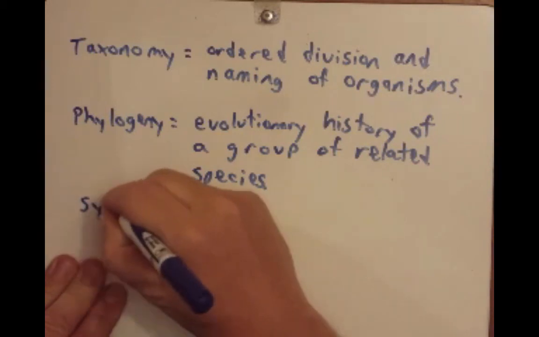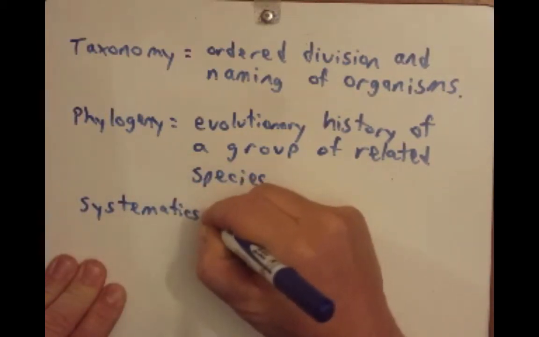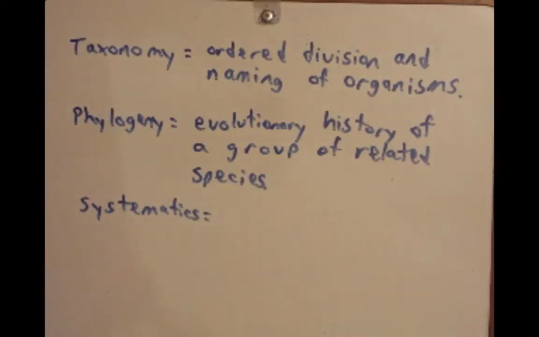Systematics. We can define this by saying it classifies organisms and determines their evolutionary relationships.